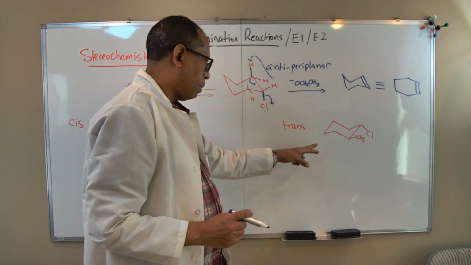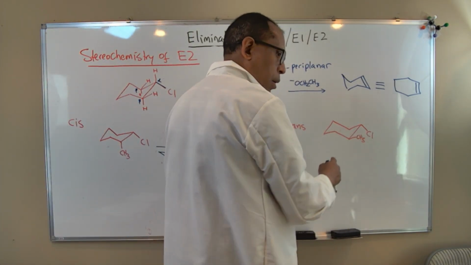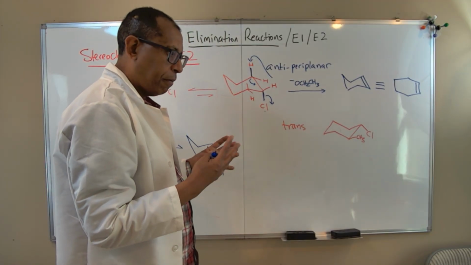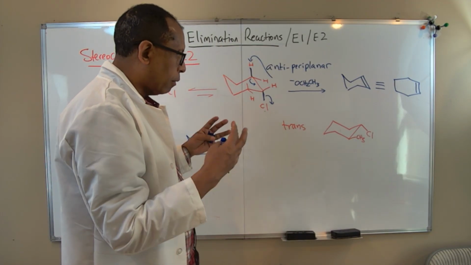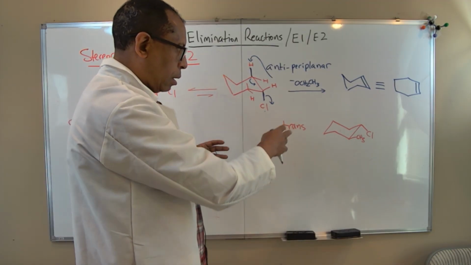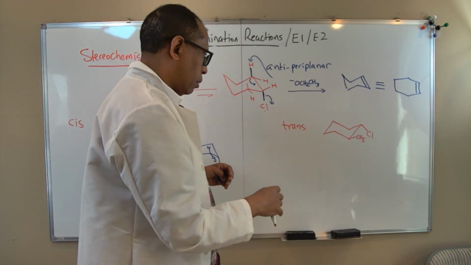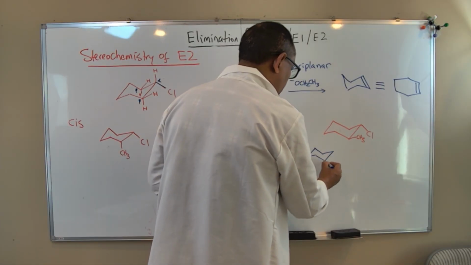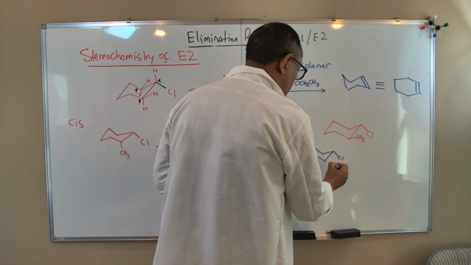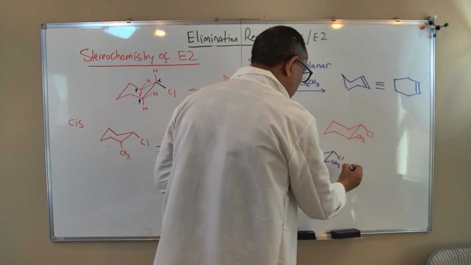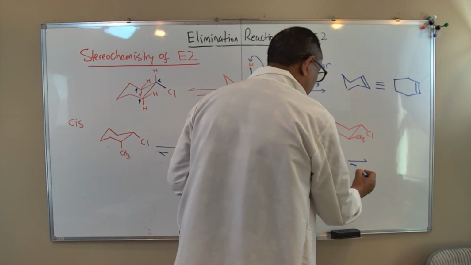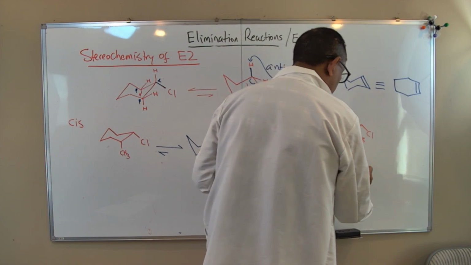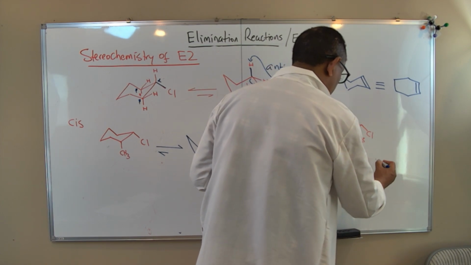Let's do the same thing on this one. Because the chloride is in the equatorial position, you will not find any conformer that puts the chloride on the same plane. So let's convert this into the other conformer. From this conformer, if I do a ring flip, this is actually less stable.